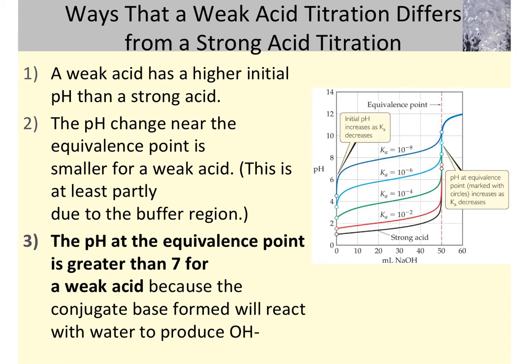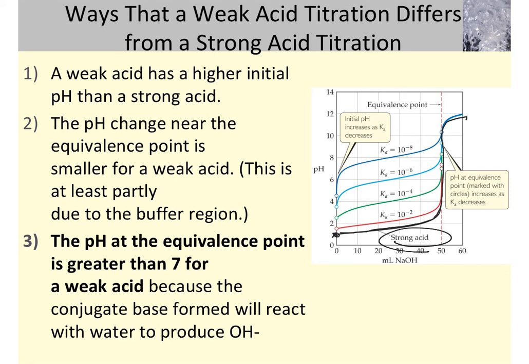So in this drawing graph, the black line represents titration of a strong acid. It starts at a lower pH, which would make sense, right? A weak acid, given the concentrations are the same, is going to have a higher pH. It's going to be less acidic at the same concentrations than a strong one.